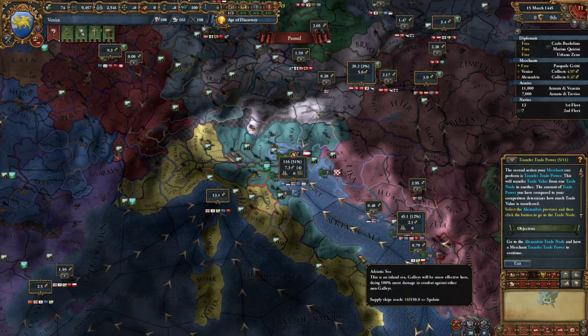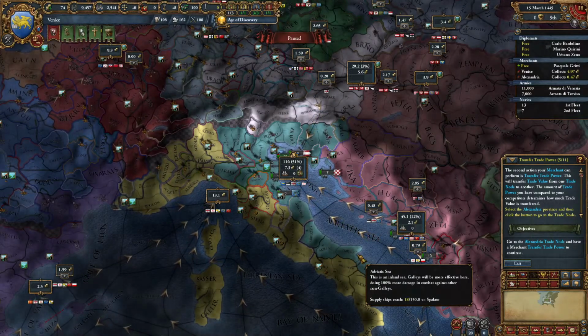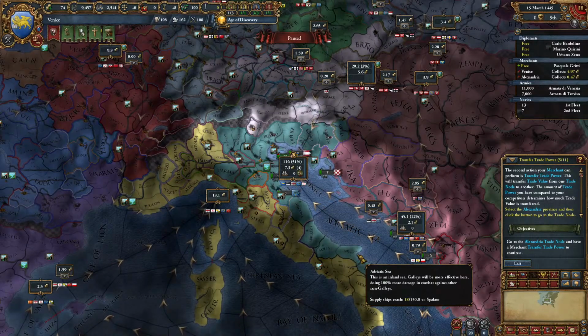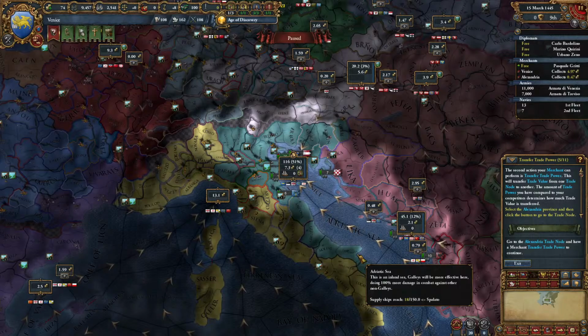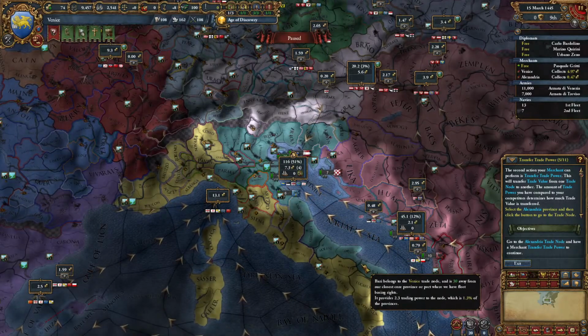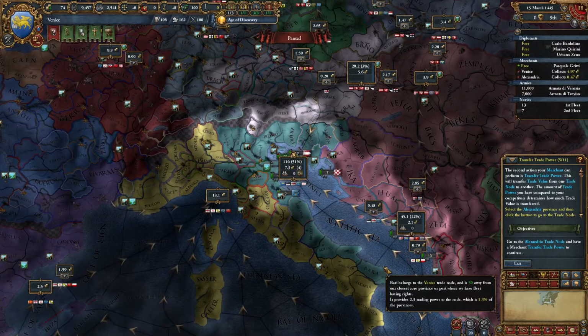Anyway, the second action your merchant can perform is transfer trade power. This will transfer trade value from the trade node to another. The amount of trade power you have compared to your competitors determines how much trade value is transferred. Select Alexandria province and then click the button to go to the trade node.